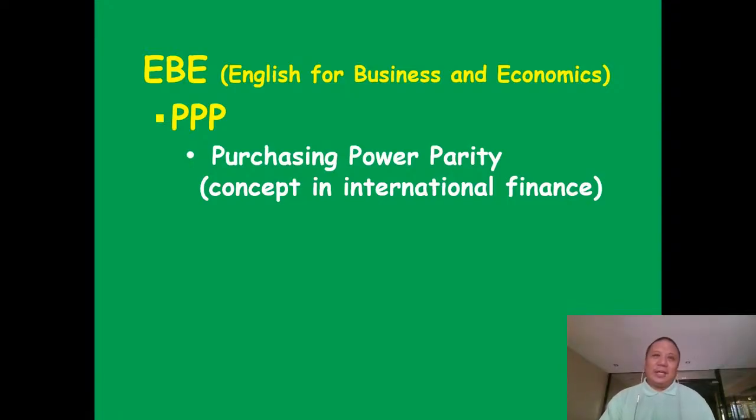So, for example, you buy something using yen, or you buy something using won, or you buy something using renminbi, Chinese renminbi. Which one has more power? The yen, the won, or the renminbi? Okay, so that's a term for business and economics.